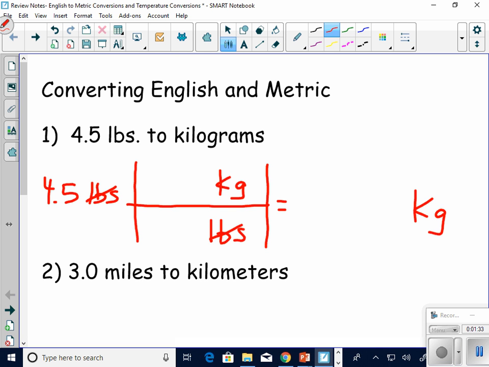Now, we can do this a couple of different ways. The first being if I follow my agenda, it says pounds to kilograms, I multiply by 0.45. So 0.45 kilograms is equal to 1 pound.